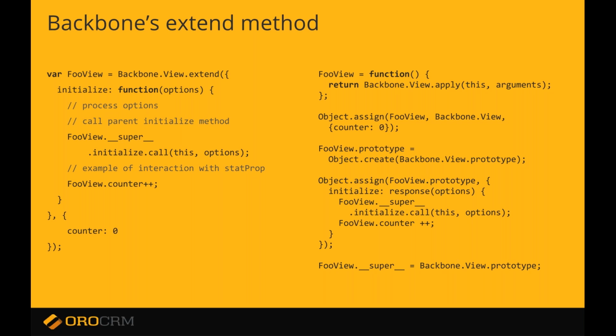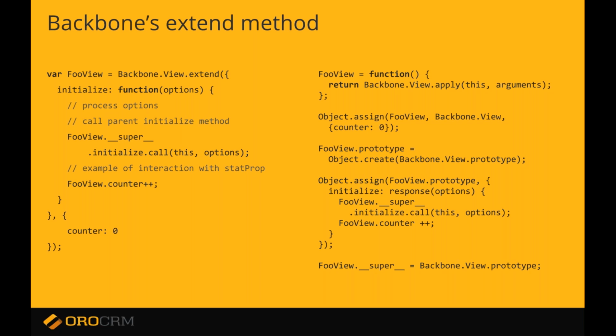In my opinion, as for example in PHP, extend does not inherit static properties of the parent, but in Backbone they decided that static properties have to be inherited from the parent.